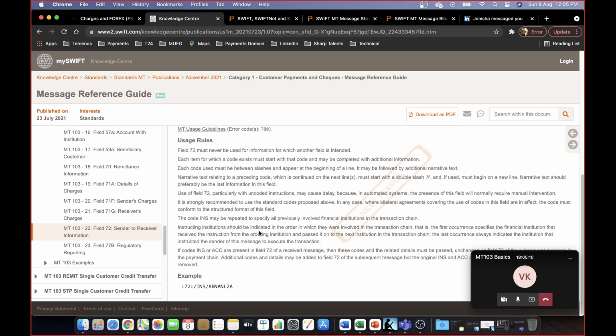Okay. Let me think about your question. So you want to understand, basically, if it was up to the bank, they would have a preferred clearing through which they want to clear the payment.